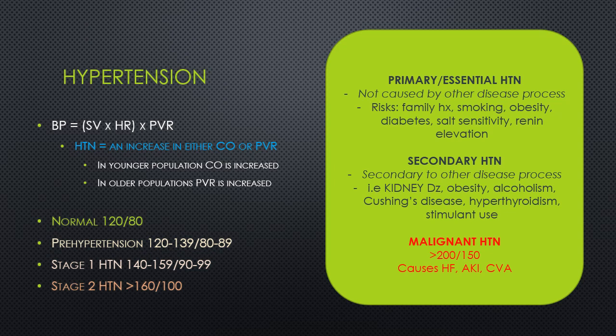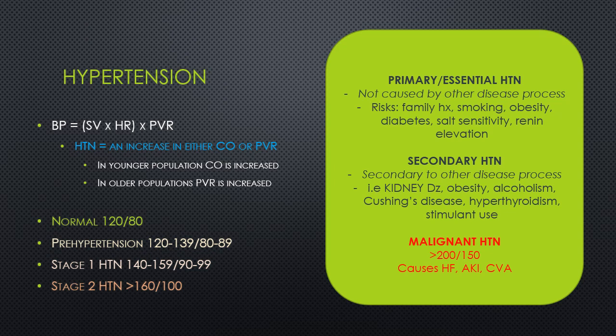Your blood pressure is controlled by your cardiac output and your peripheral vascular resistance. Your cardiac output is determined by your heart rate and your stroke volume, or the amount that the left ventricle ejects with every contraction. So hypertension is an increase then in either cardiac output or peripheral vascular resistance.